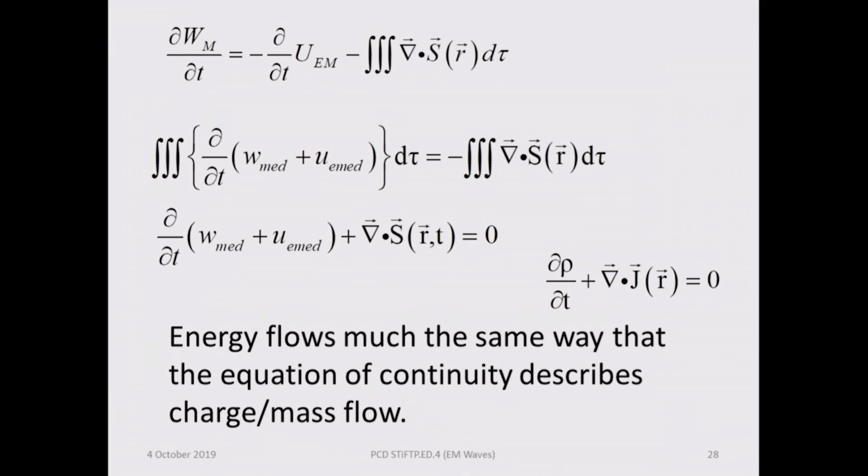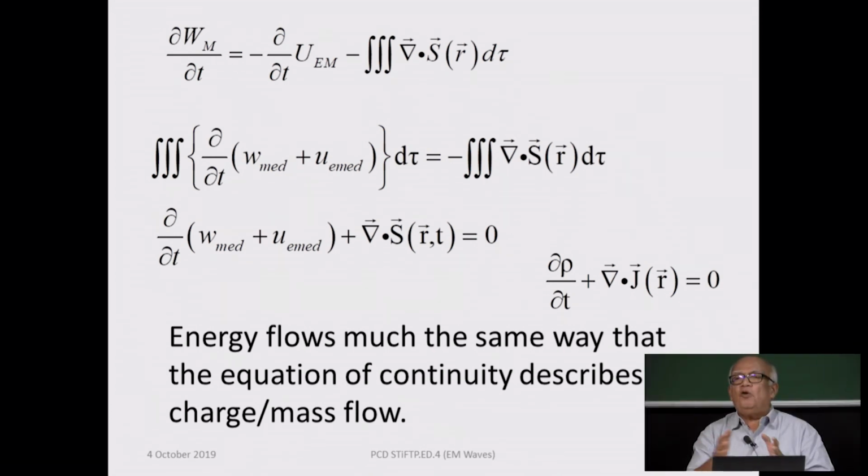And this equation would remind you of the equation of continuity in fluid mechanics, right? What is it telling us? That the electromagnetic energy flows much the same way as the equation of continuity describes the flow of charges or the flow of matter.